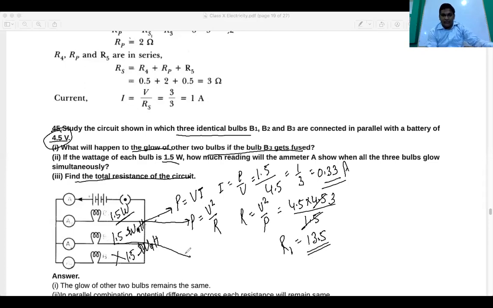In case of this bulb, this will once again be 13.5, and this will also be 13.5, because all are the same.